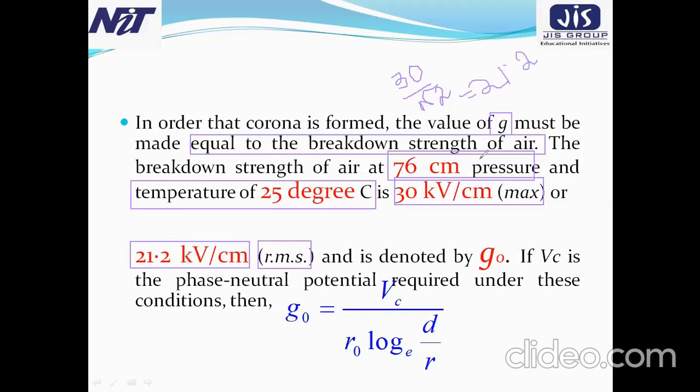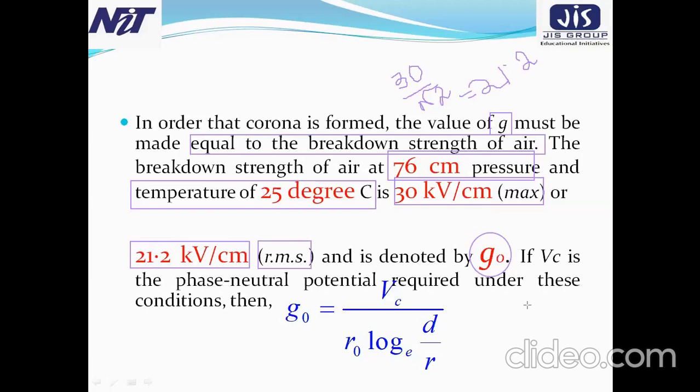So 21.2 kV per centimeter RMS, and we can denote it with G suffix 0. If Vc is the phase neutral potential required under this condition, then G0 equals Vc divided by r log d by r to the base e.